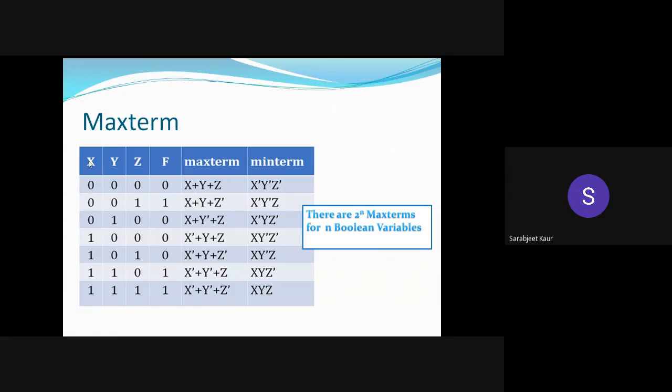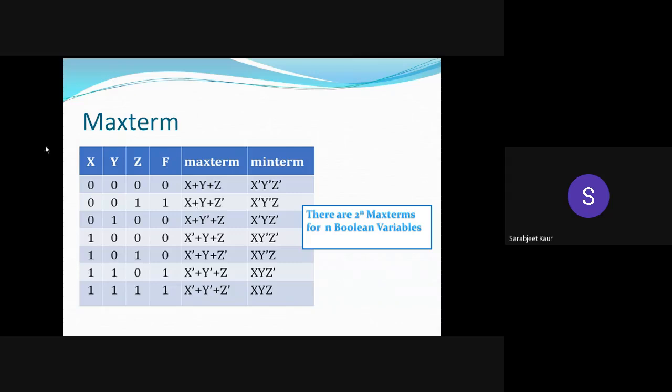Okay, and x equal to 1 will imply x dash. And this is true for all Boolean variables which are a part of the max term. Okay, so it is opposite to the min term.